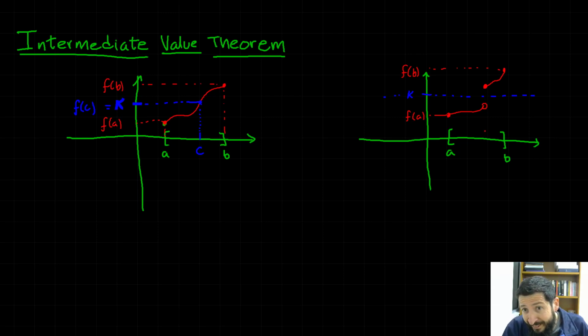Let's call it c in this case. It's not continuous there, and it jumps through, and then I don't have a guarantee that my function is taking the value of k at all. But if the function is continuous, that jump cannot happen, and the function is guaranteed to take that value of k. Alright, so let's go ahead and state the theorem, and then we will do a couple examples for it.